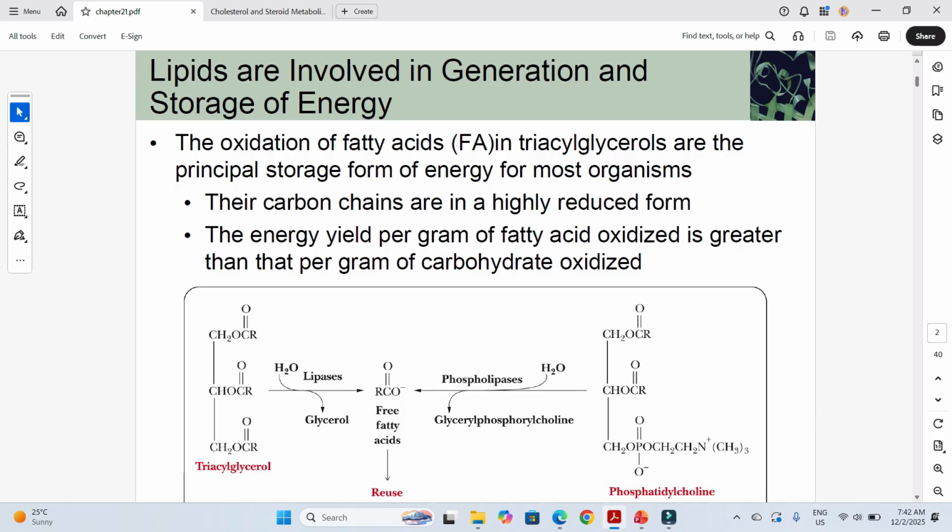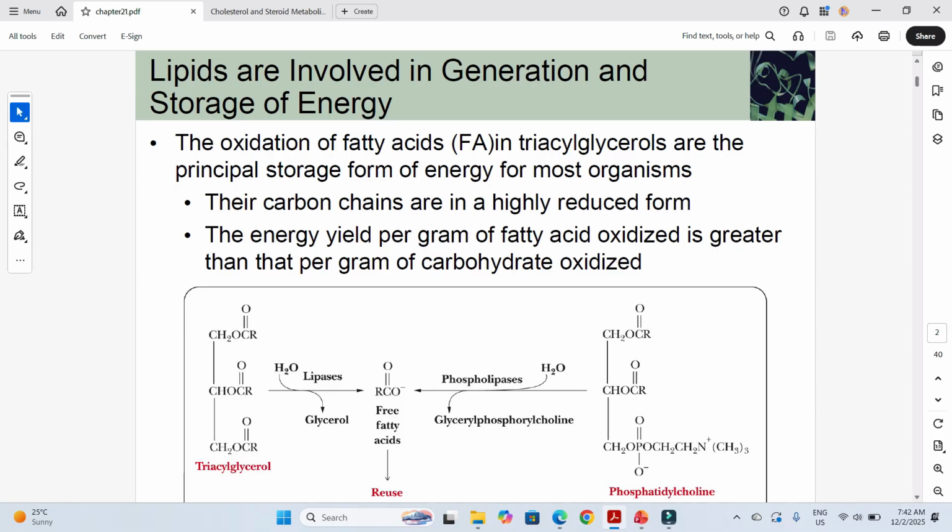in which case, if you remember the structure of glucose, the carbon atoms in glucose, except for carbon number one, are all bonded to oxygen in the form of a hydroxyl group. Carbon number one is even more oxidized because it's doubly bonded to oxygen.